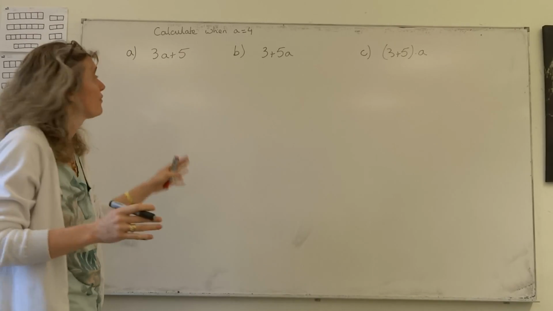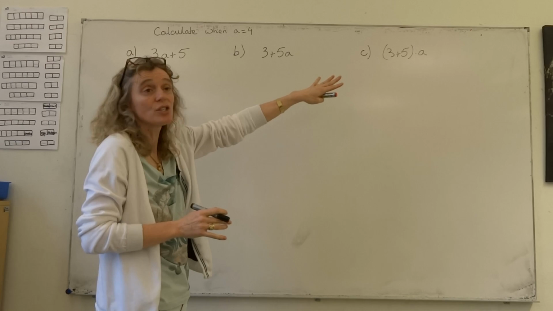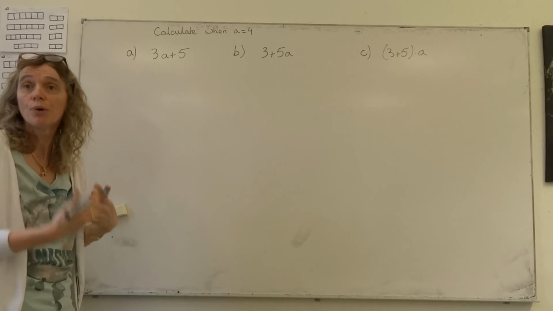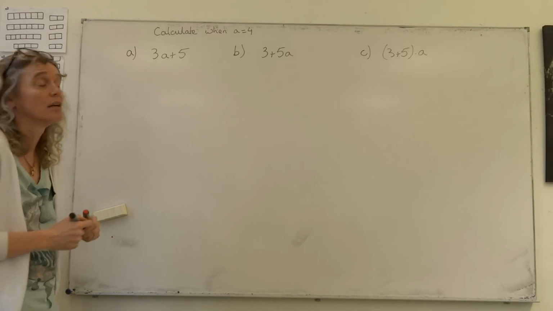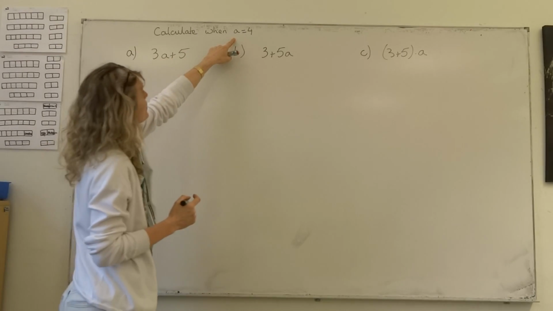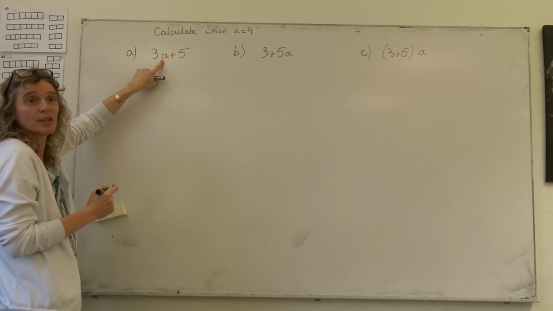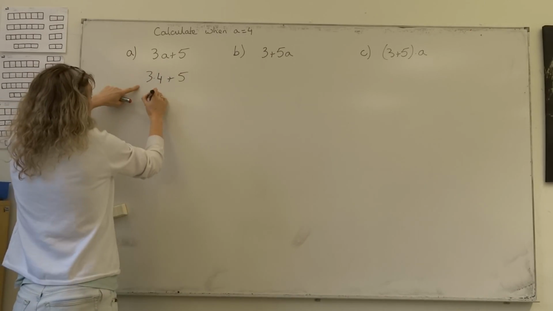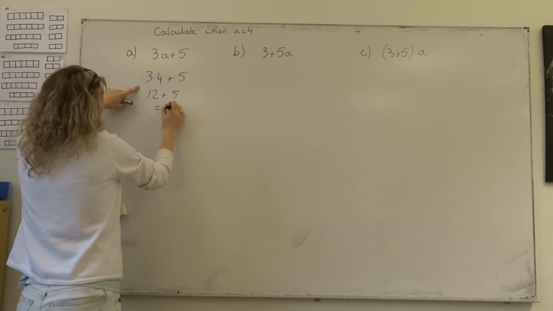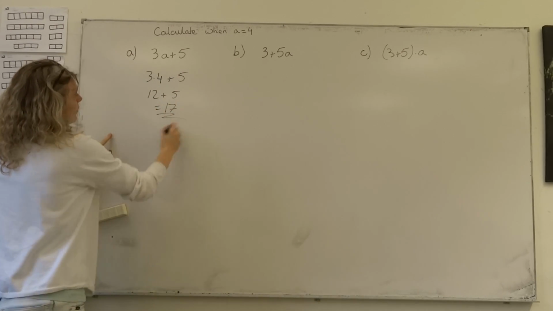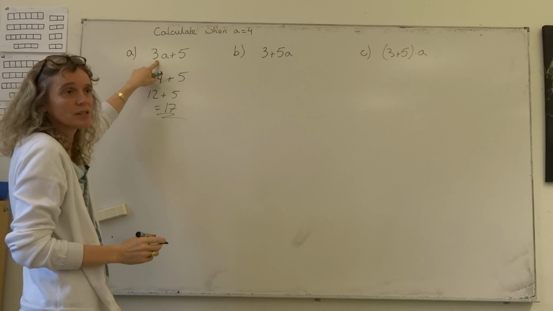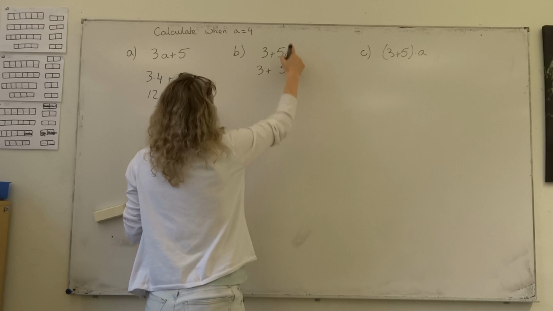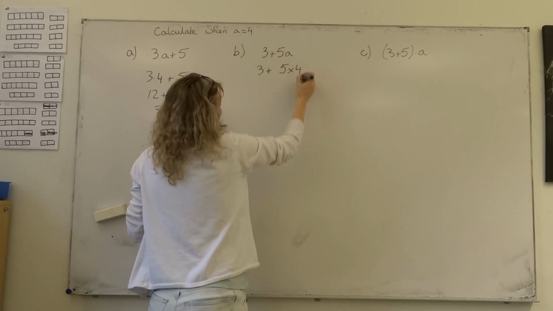That you get totally different answers depending. These equations all look quite similar. They've all got 3's and 5's and a's. But the order that you put them in gives you a very different answer. So, if a equals 4, we replace wherever we see a with the number 4. 3 times 4 plus 5 is 12 plus 5, which is 17. The answer to that question is now 17. 3 plus 5a, replace the a with 4, so 3 plus 5 times 4.